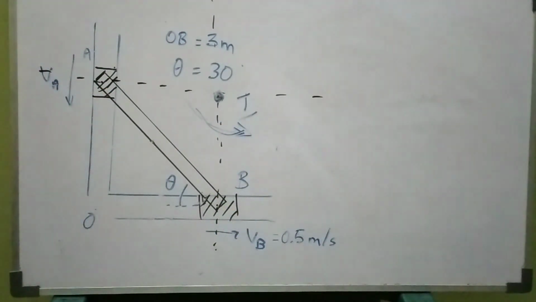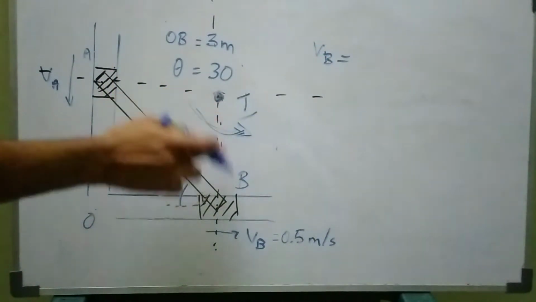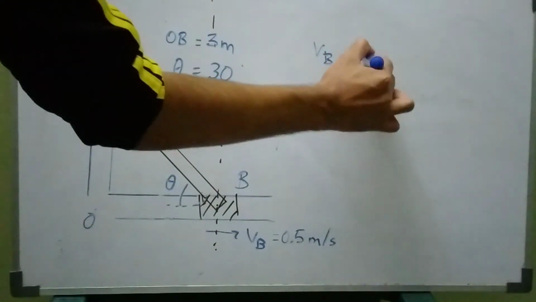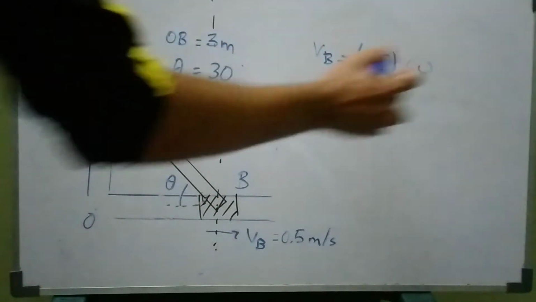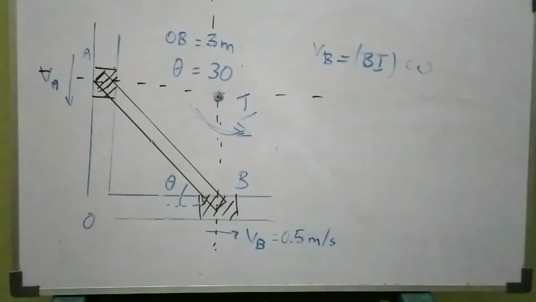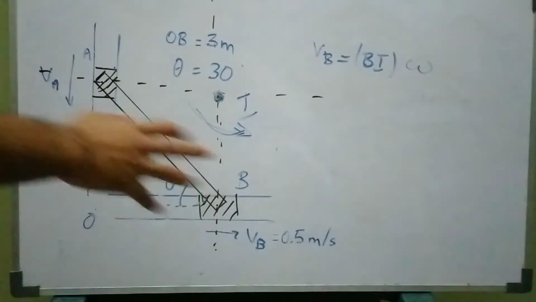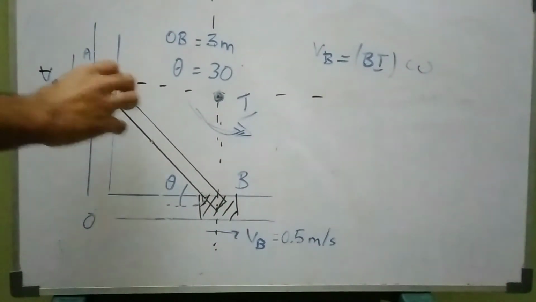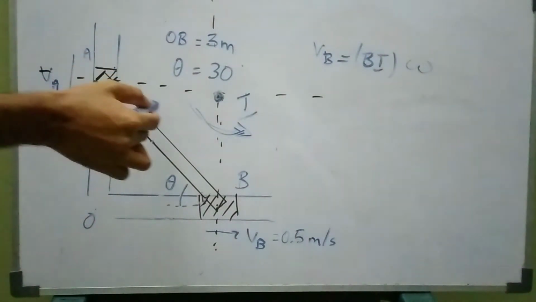So VB equals BI, the perpendicular length from the instantaneous center, into omega. The main part is, if you find the value of omega, it would be the same for the whole body. If we consider the omega for this body from this point, it would be the same. So please remember this: omega as well as alpha won't change with the point on this body.